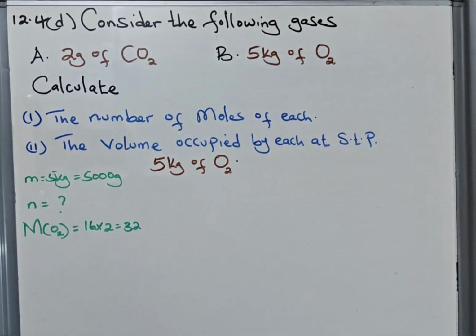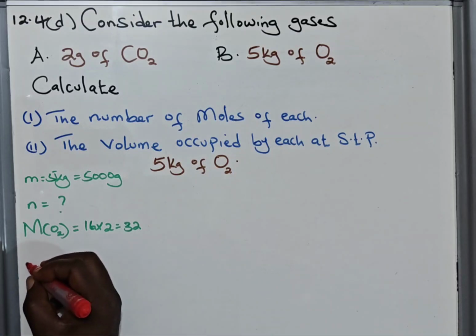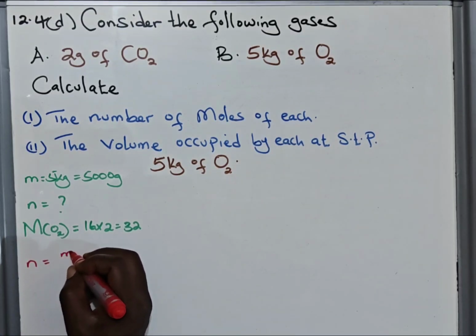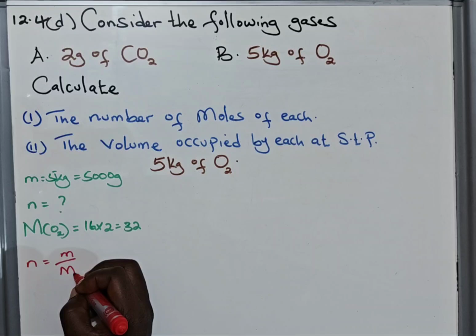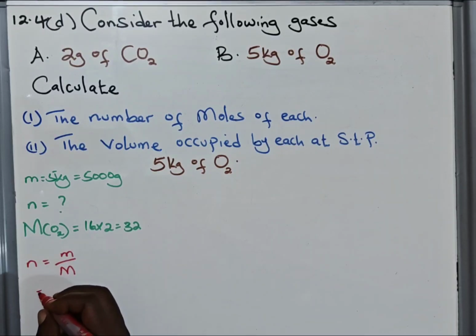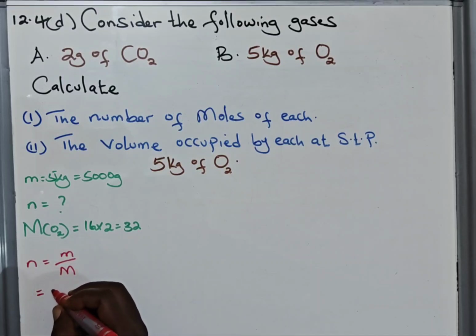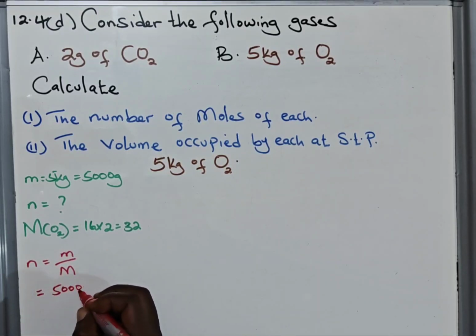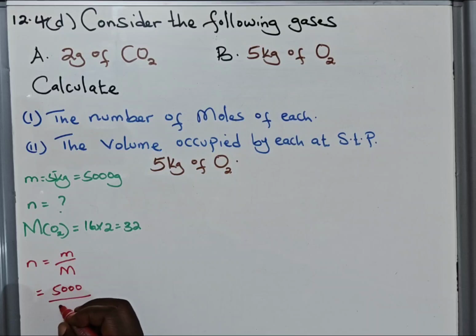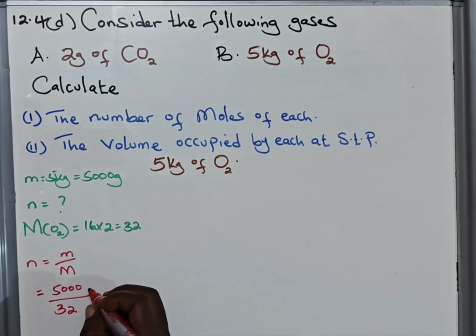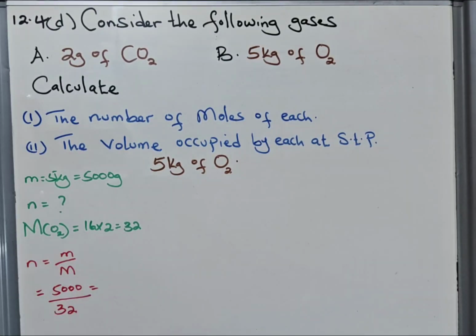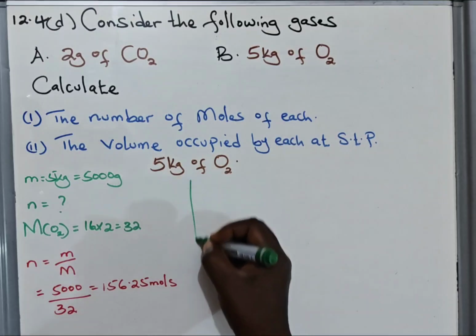So from here you substitute in the equation, which says N is equal to mass over molar mass. N is wanted, but mass is 5,000 and molar mass is 32, giving us the number of moles. What is our next step?